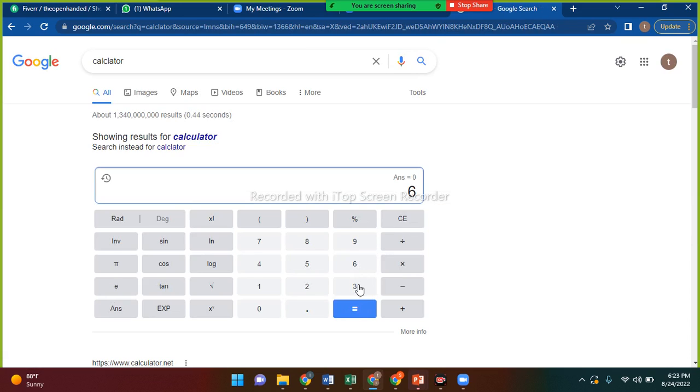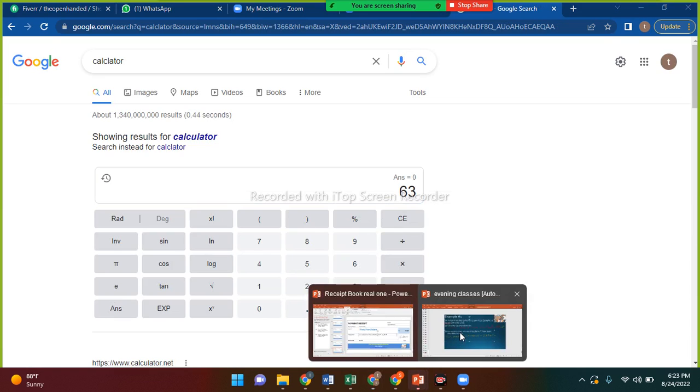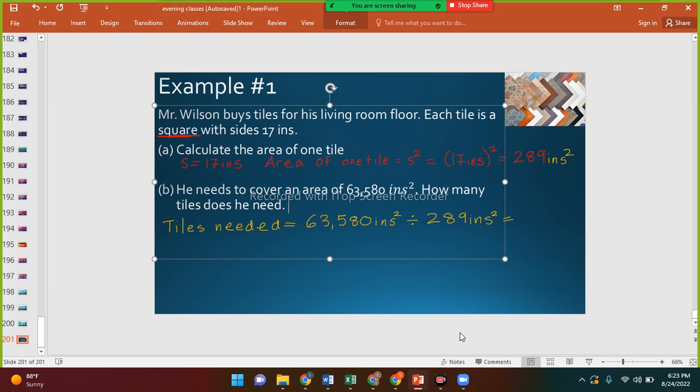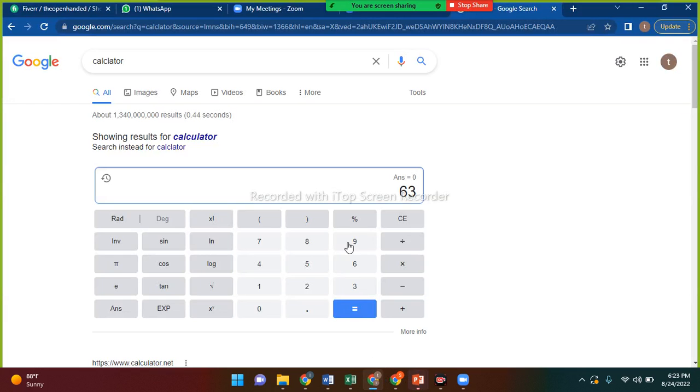So we have 63,580. I'm going to divide it by 289, right? And what's the result that we get? Anyone did it? When you divide? 220.